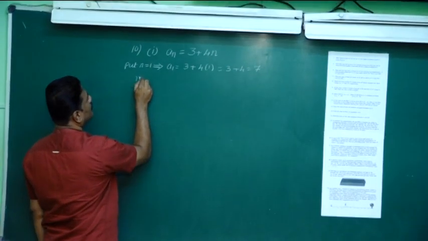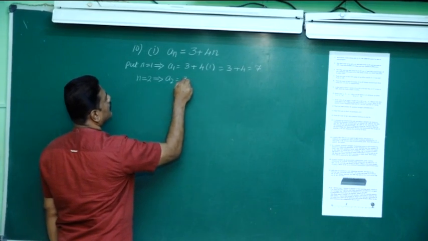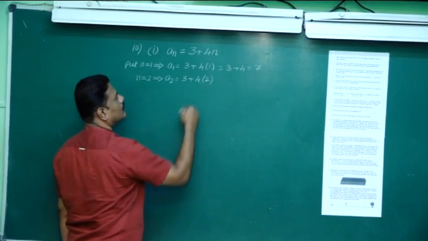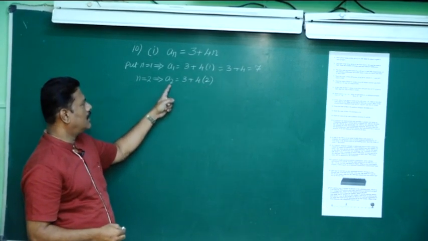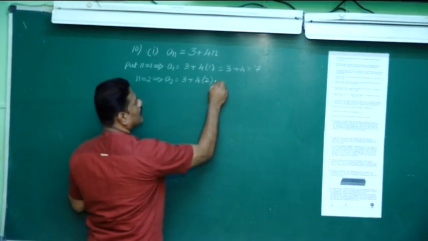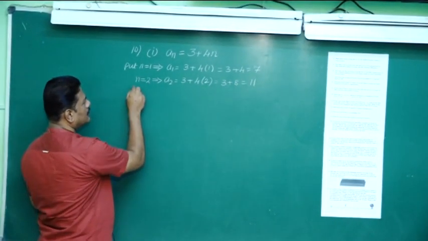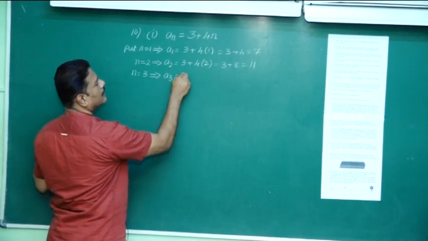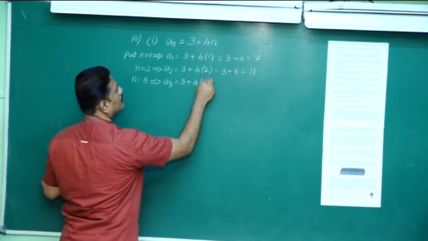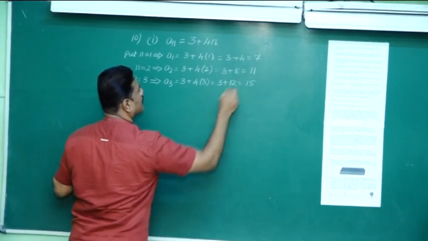Put n = 2. a2 = 3 + 4 into 2. I am substituting the value for n, because here n is 2. 4 2s are 8. 8 + 3 is 11. Similarly, n = 3. a3 = 3 + 4 into 3. 3 + 12, 12 + 3 is 15.